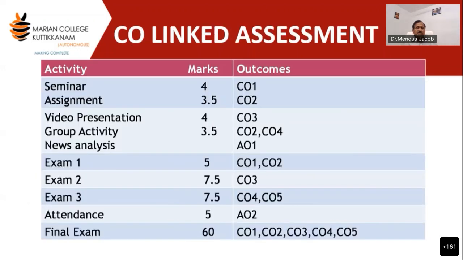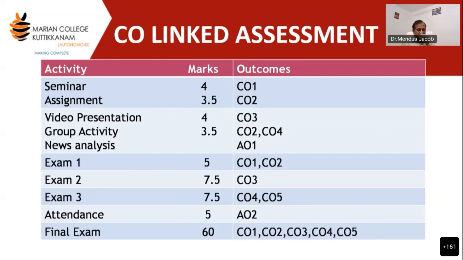Now, after the mapping process, we need to have a CO-linked assessment plan. According to the creativity of the faculty, we can have a CO-linked course assessment plan. This is very important because the faculty should have an assessment plan like this. And this is again a simple example I'm demonstrating.